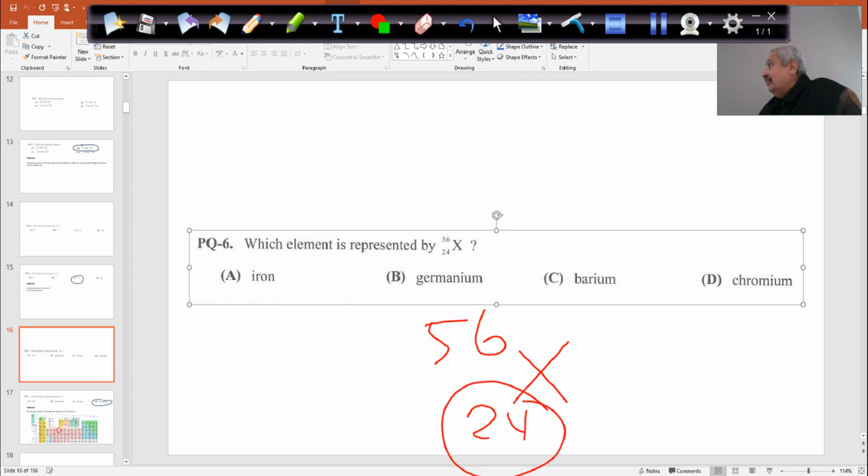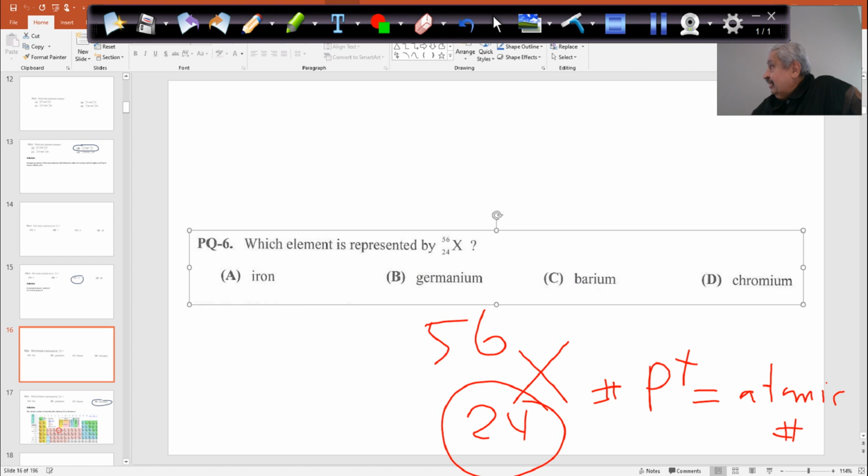If you have experience with the periodic table, sodium is 23, correct? Which will come after sodium? Magnesium, correct? 24. So this one has to be. Since the number of protons equals the atomic number, that's what I use to pinpoint the element inside the periodic table.